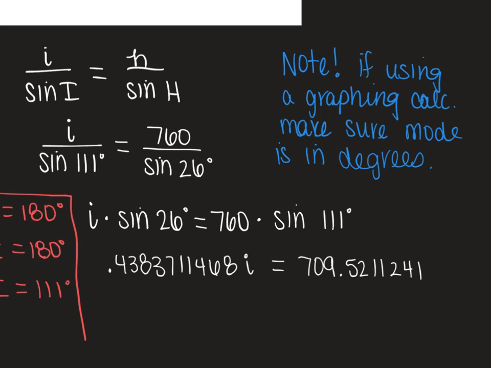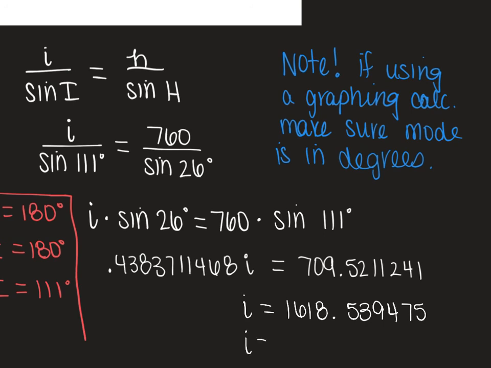We're dividing it, and we get i to equal 1618.539475. So we have this value. It does seem pretty large, but if you think back to what h measured, little h was 760. So this is fine. This is a good value for us.